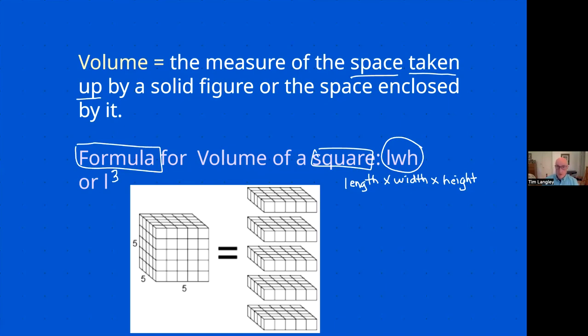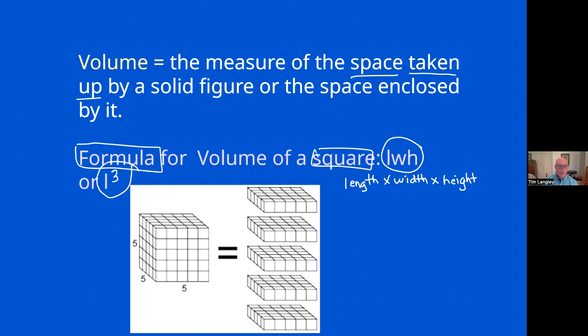Or another way to think of that is, since it's a cube, all the sides are the same. I'm going to circle this on the far left. It's L, the length of one side, cubed, which means times itself 3 times, like 3 times 3 times 3. So if I look at the example I have on the screen here, I've got a cube, like a Rubik's cube.